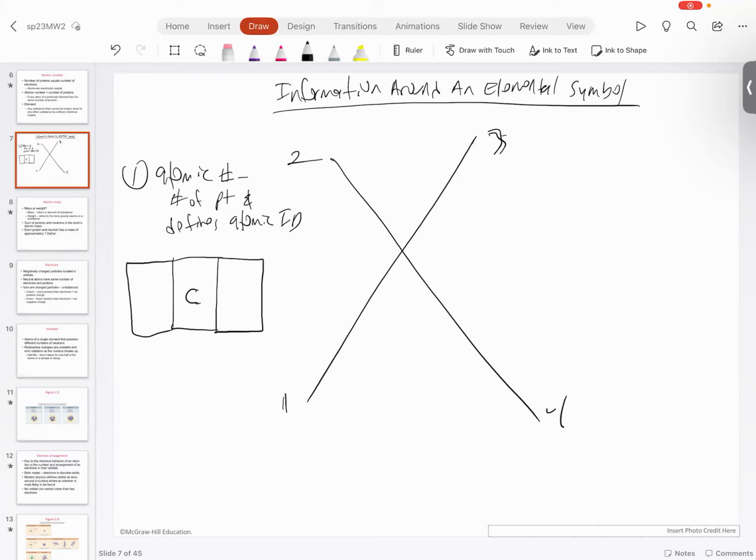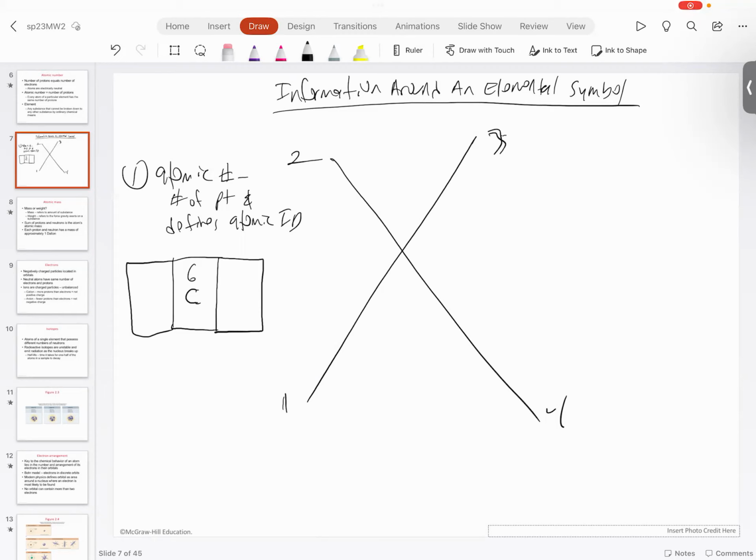It's usually above your elemental symbol, either directly above, centered, or usually in the upper right-hand corner. Very infrequently, it's in the upper left-hand corner because there's other information that goes there. But what is the atomic number of carbon? 6. Okay. So here's an example of your atomic identity. Carbon has 6 protons, yes?